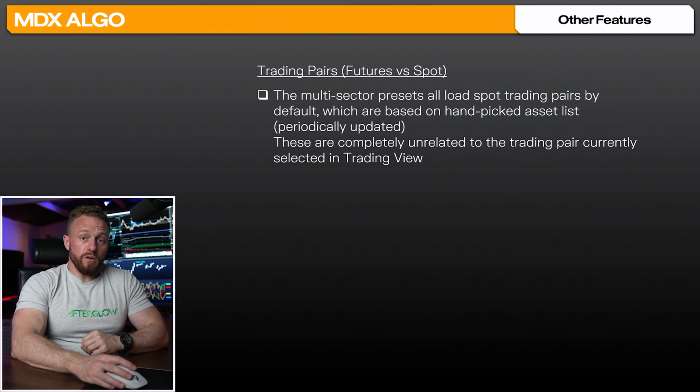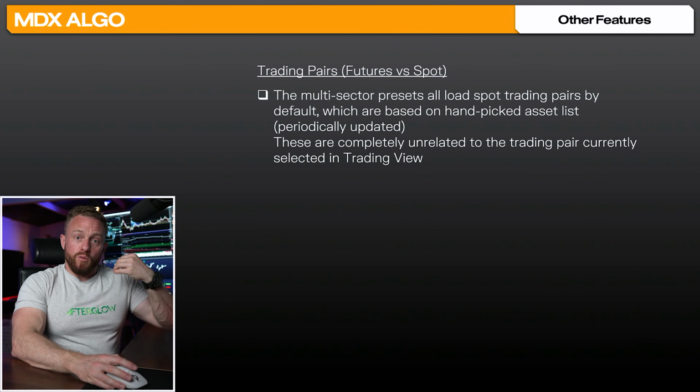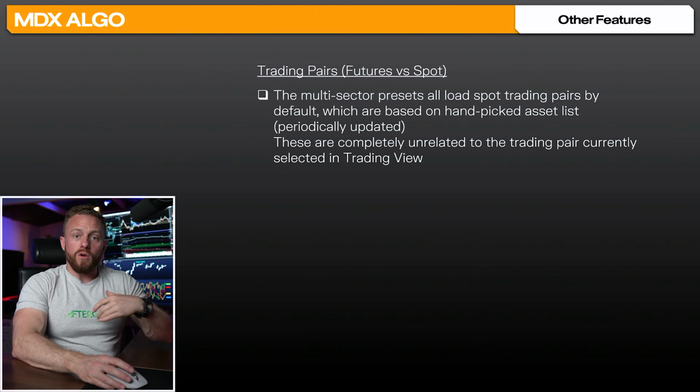So let's crack on. Other features to be aware of: when you're loading the multi-sector presets, it will automatically load spot trading pairs by default, which are based on a hand-picked list of assets. And those are not related to the trading pair you may currently have loaded on your chart in TradingView.